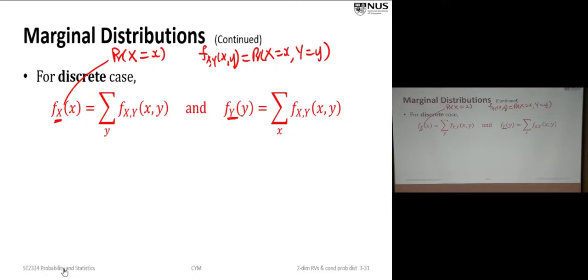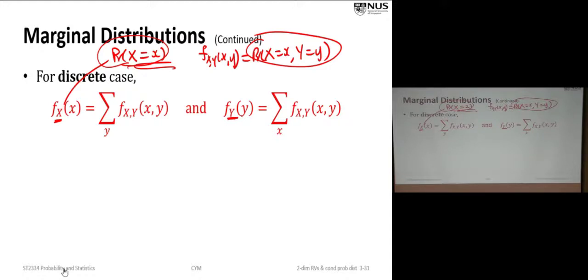Now, compare these two expressions, they are not exactly the same. For the joint probability function, we have to specify X equal to little x and at the same time Y equal to little y, so it is more stringent. While in this one, I did not specify the value of the random variable Y. What does it mean?